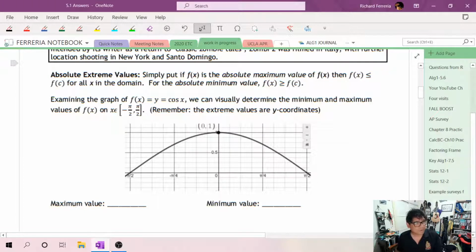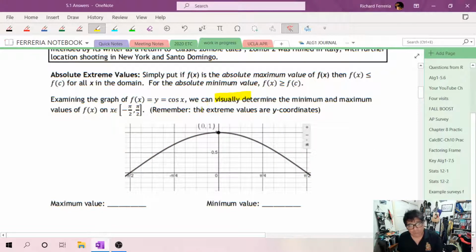This first question is examining the graph of y equals cosine of x. We want to visually determine where the maximum and minimum values are.